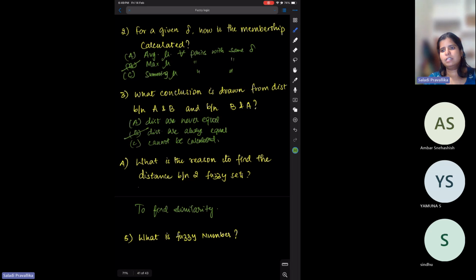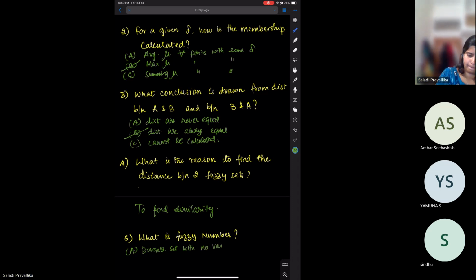So what is a fuzzy number? Options: discrete set with no variability; singleton fuzzy set with infinite elements; a fuzzy set that satisfies normality and convexity conditions.